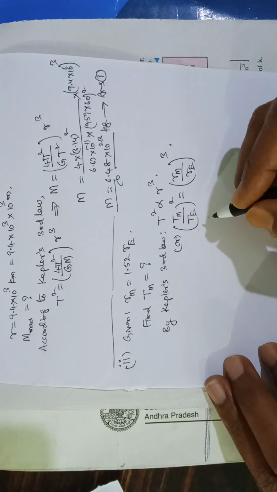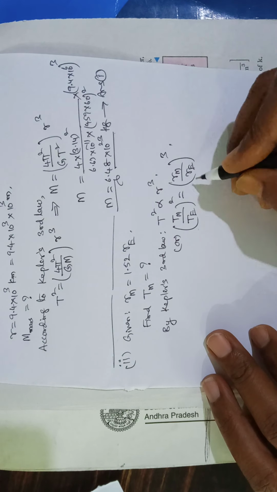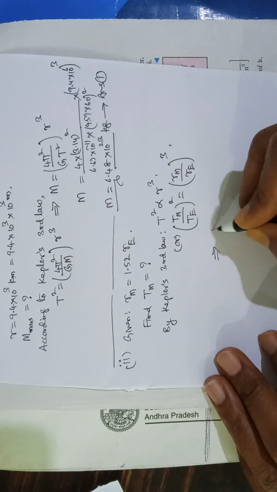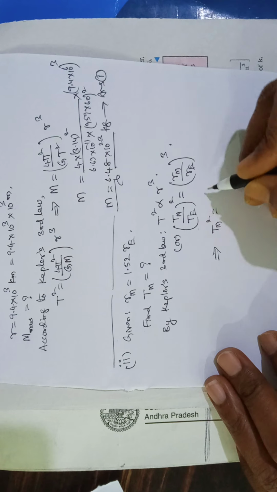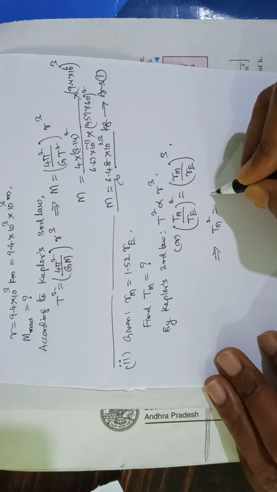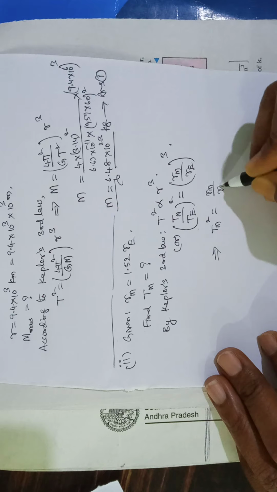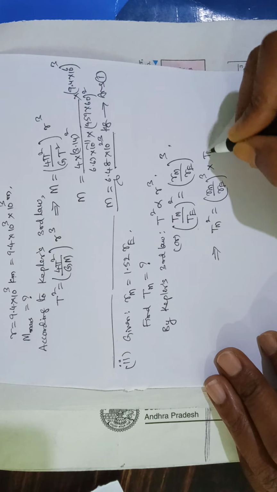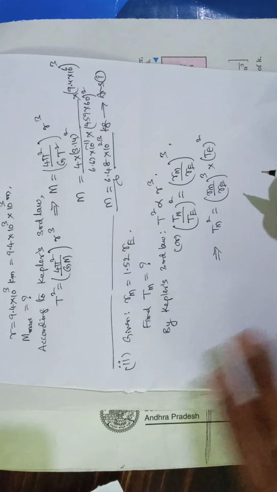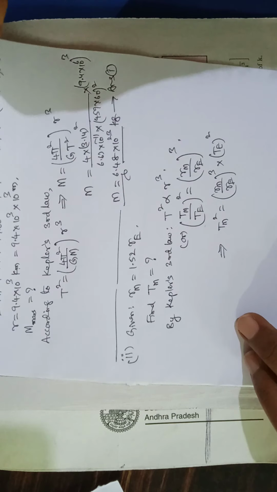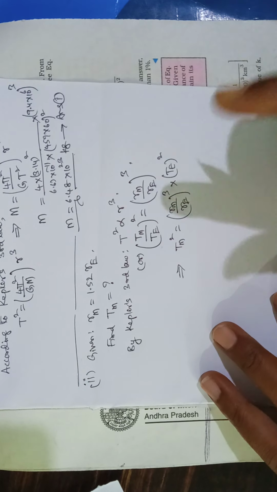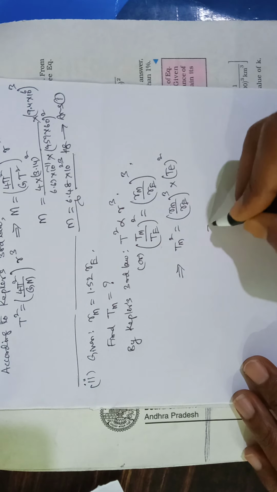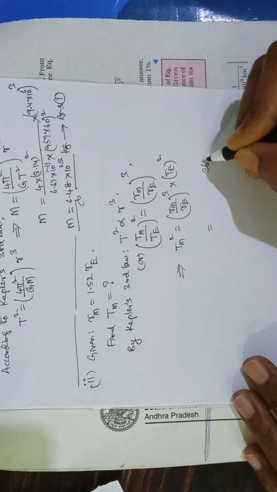So this gives Tm square is equal to Rm by Re whole cube into the Earth's period taken to the right side, squared. Earth takes 365 days to complete one revolution. Therefore here you write 365 days.